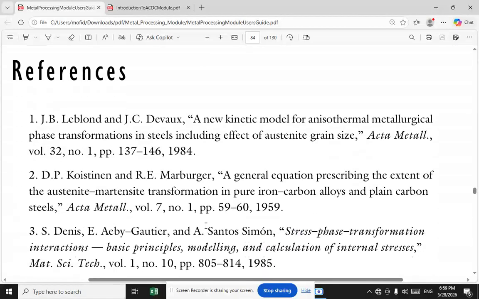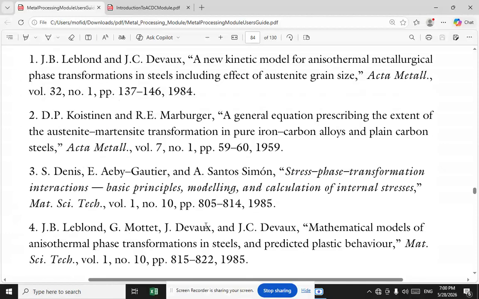I read some literature for you. The first was written by Leblond and Devaux, and the name is A new kinetic model for anisothermal metallurgical transformations in steels including effect of austenite grain size. The next one, Koistinen and Marburger, and the name is A general equation prescribing the extent of the austenite-martensite transformation in pure iron-carbon alloys and plain carbon steels.